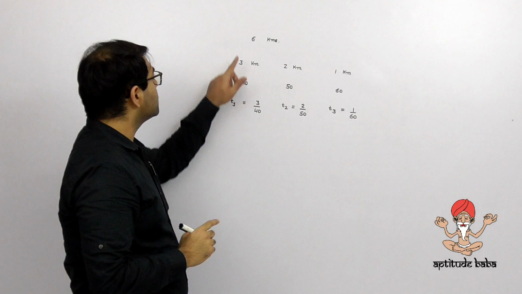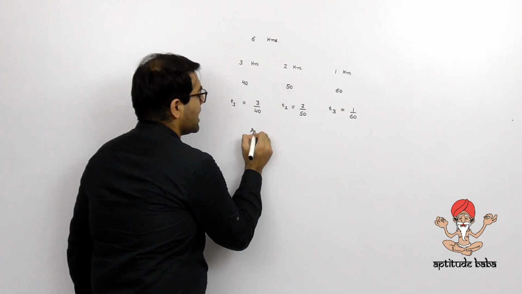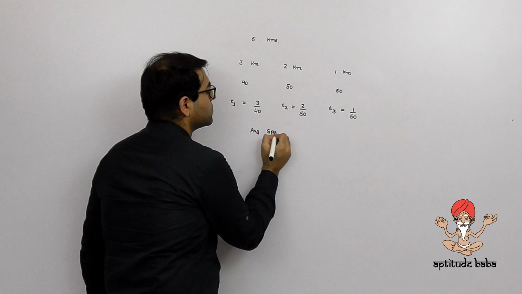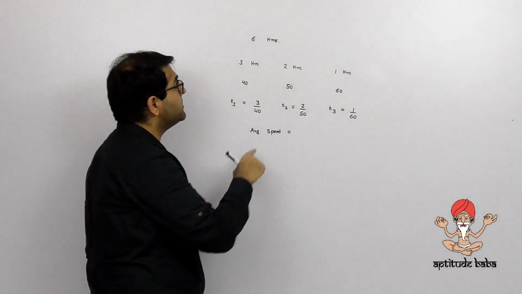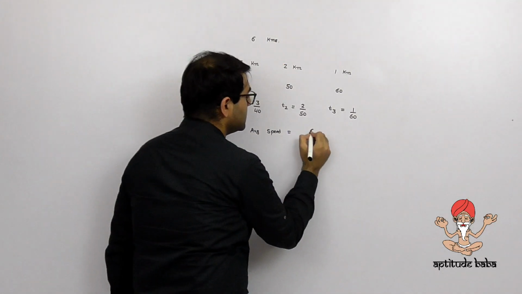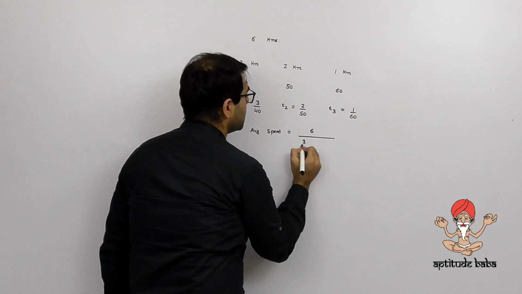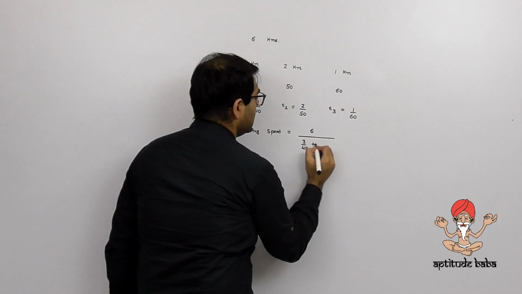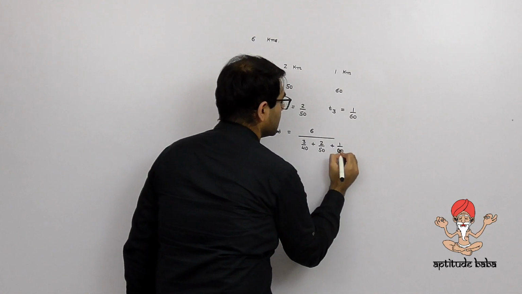I already have the total distance as 6 kilometers. Average speed is defined as total distance by total time. So now I can calculate average speed as total distance by total time. So total time ends up becoming 3 by 40 plus 2 by 50 plus 1 by 60.